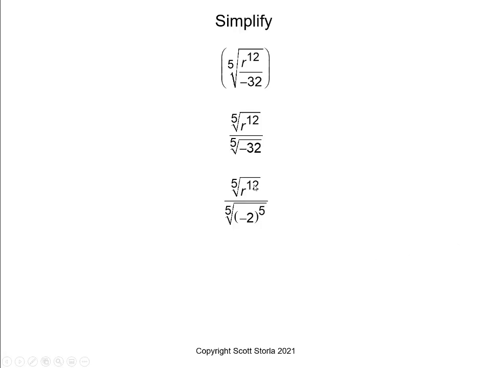In the top, 5 goes into 12 twice, so I'll have an r squared outside, with remainder 2, so I'll have an r squared inside the 5th root as the radicand. In the bottom, 5 goes into 5 once, so there'll be a factor of negative 2 outside, and no factors in the radicand. Once again, it'll be common for people to bring this negative 2 dash up to the front like this.